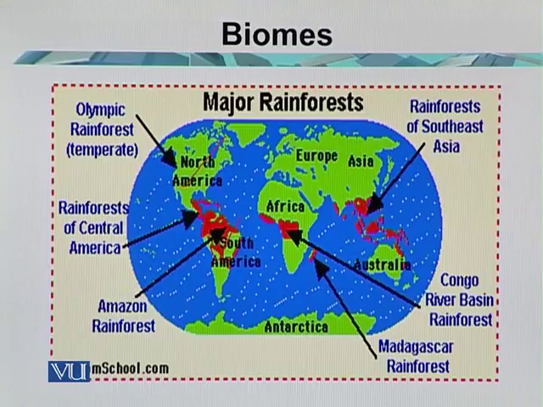And next is the river basin, which is actually the Congo River. It has a thick rainforest region. Then it's the Madagascar rainforest, which is an island type of forest distribution. And the major region which is under the rainforest is Southeast Asia. So these are the areas where we have the rainforest.